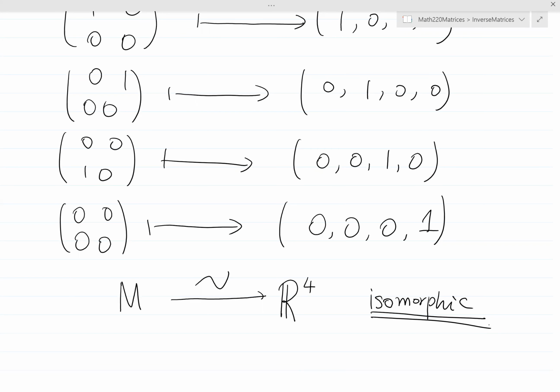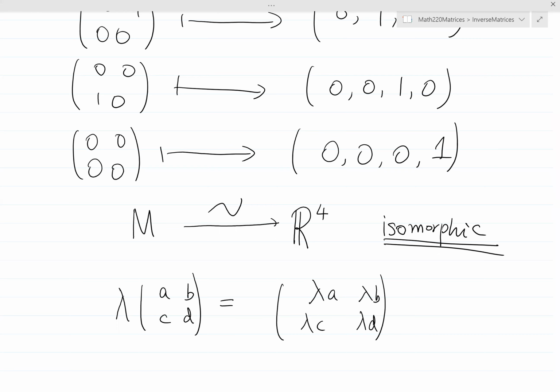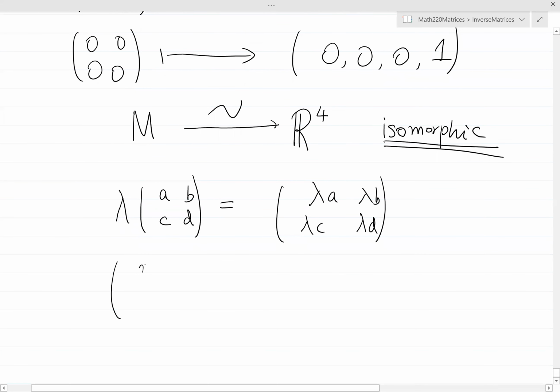For instance, for matrix scalar multiplication, a b c d, we multiply each component. So you can check that the above rule respects scalar multiplication, and the above also respects the vector addition.